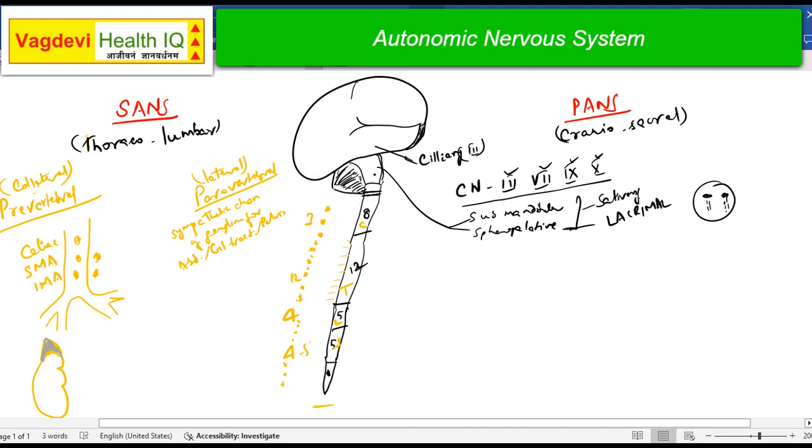Number 9, what will it do? Think about it. Glossopharyngeal is for what? I'll wait for your answer, no problem. What parasympathetic activity will the glossopharyngeal bring? First year question.